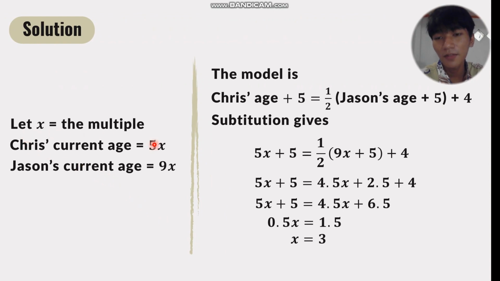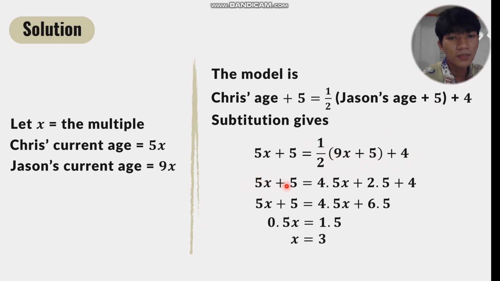Let x be the multiple, and Chris's current age is 5x and Jason's current age is 9x. The model is Chris's age plus 5 equals half of Jason's age plus 5, plus 4. Substitution gives: Chris's age is 5x, so 5x plus 5 equals half of 9x plus 5, plus 4.